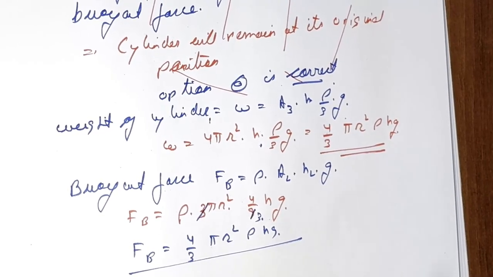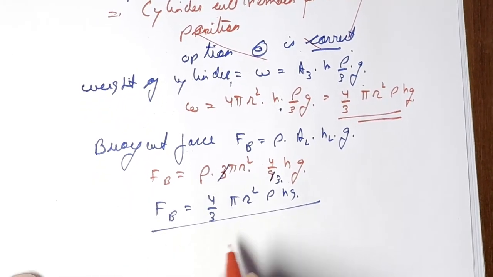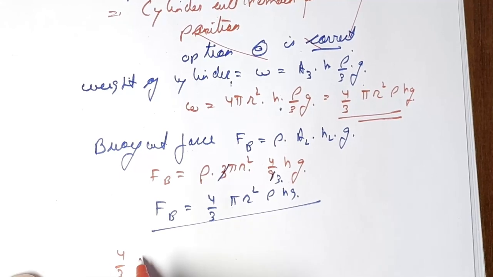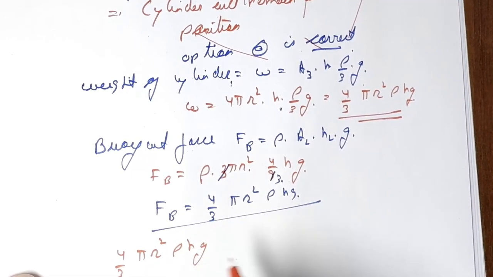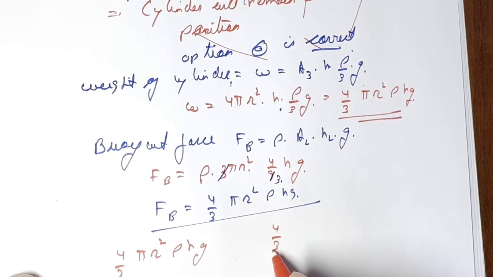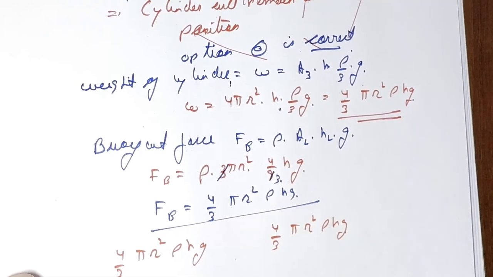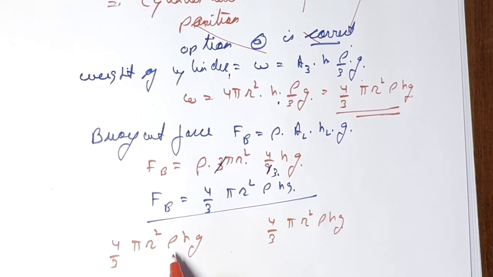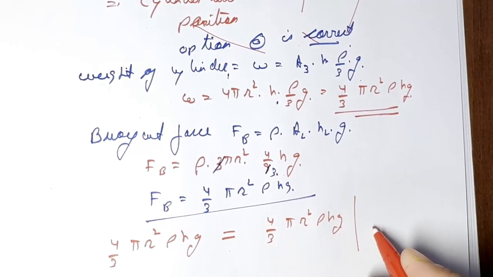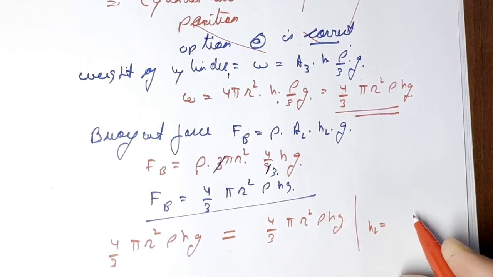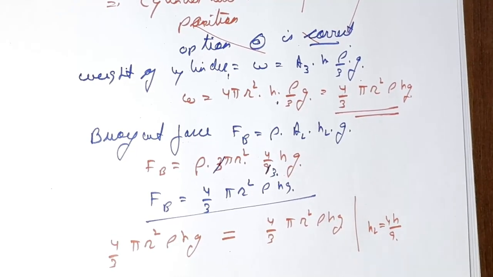So if we compare our weight and buoyant force, let me write the weight as 4 by 3 pi r square rho Hg, and the buoyant force is 4 by 3 pi r square rho Hg. So we can clearly see that these two values are equal when our H2 is equal to 4H by 9.